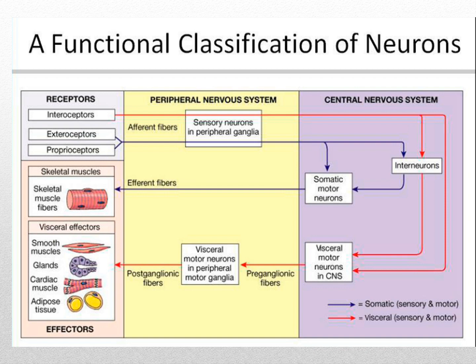Okay, so then moving back up, we see that we have exteroceptors and proprioceptors. One is an external receptor, which is the exteroceptors, and one is an internal receptor, which is a proprioceptor. Okay, so they are going to go afferent.